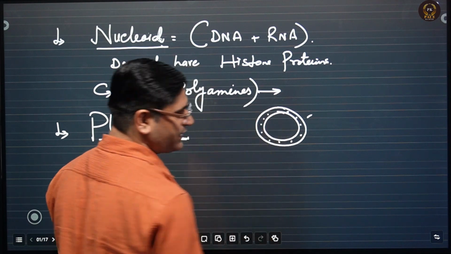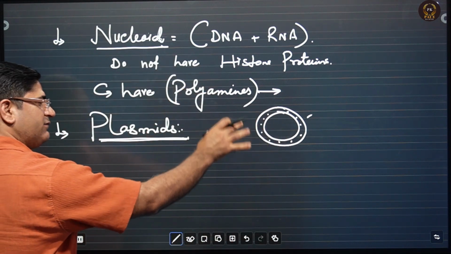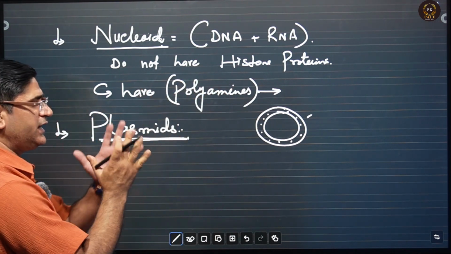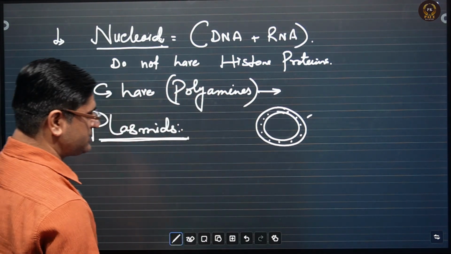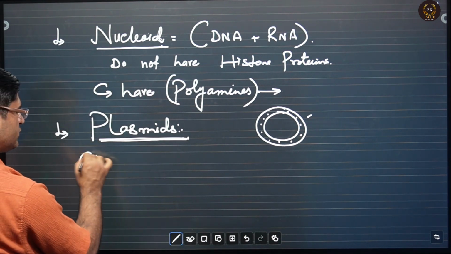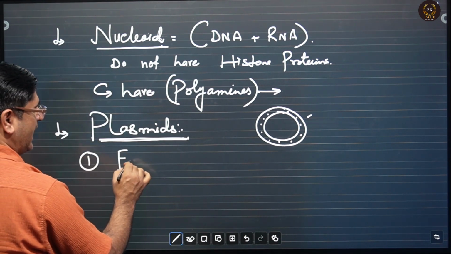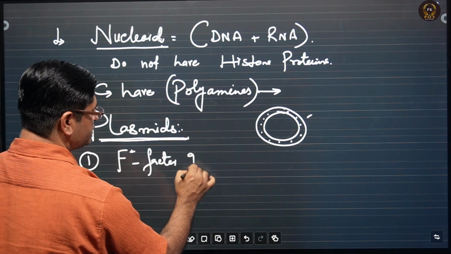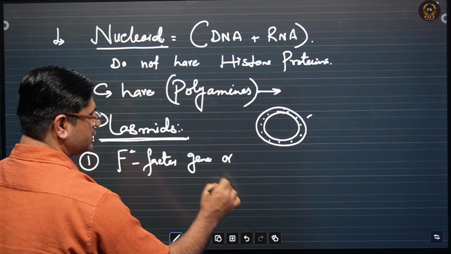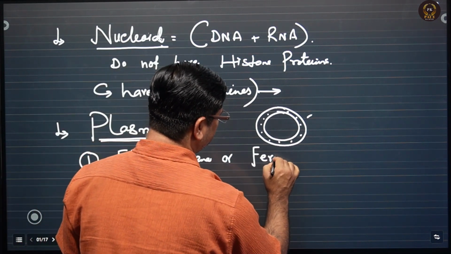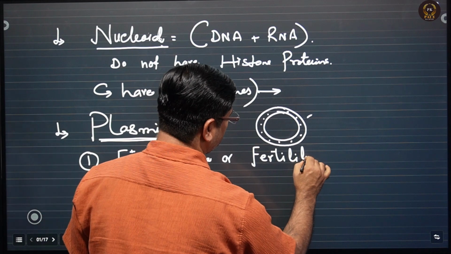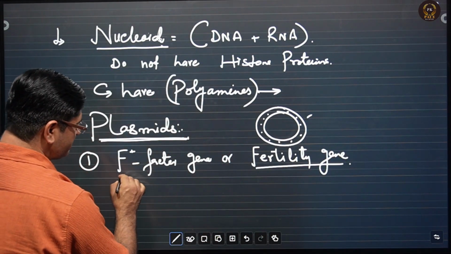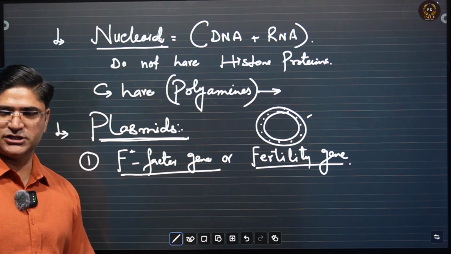The bacteria having plasmid DNA contain some specific genes, like one gene which is called the F factor gene, also known as the fertility gene. This is a special type of gene.